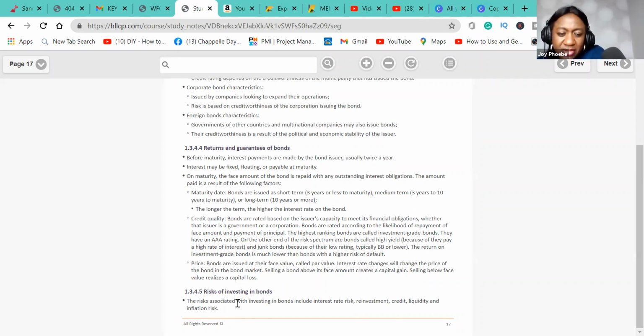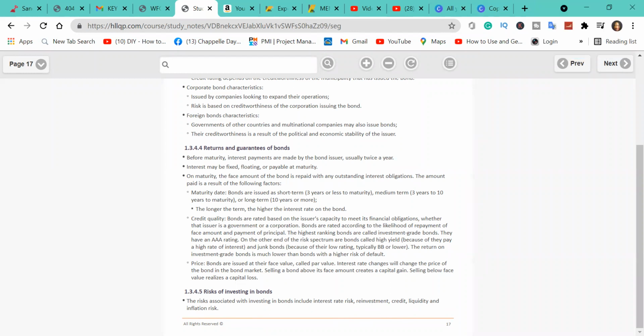Now, the risks of investing in bonds. The major risks associated with investing in bonds are credit, liquidity, and inflation. What is credit?